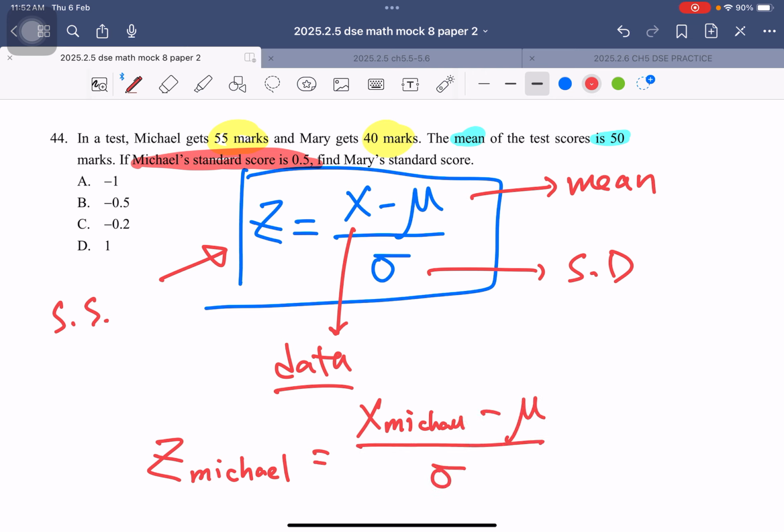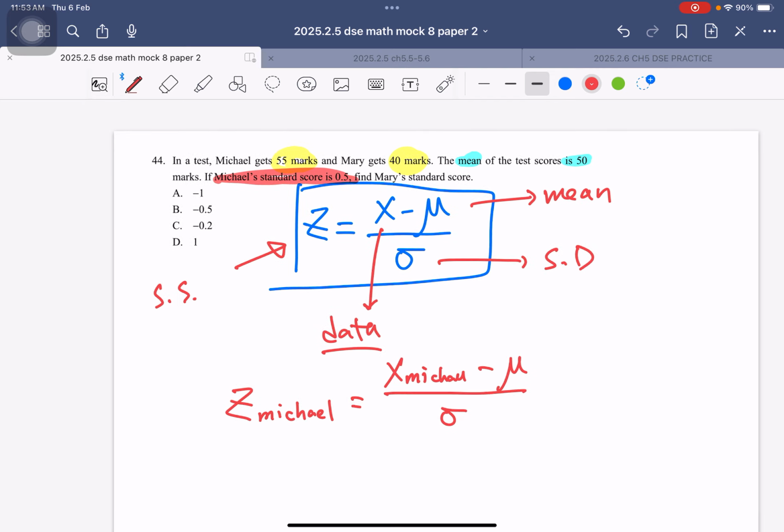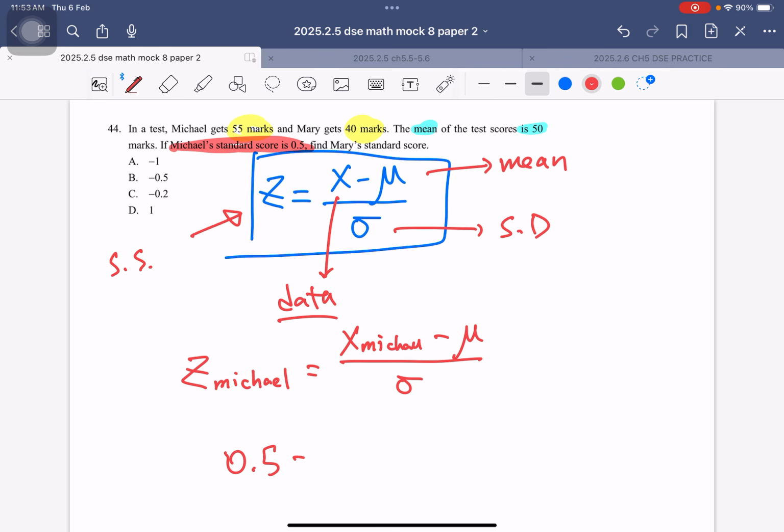Is this okay? Do we have the standard score of Michael? Yeah, which is 0.5. What is the data of Michael? 55. What is the mean? 50. What is the standard deviation? You don't know, so you keep it.